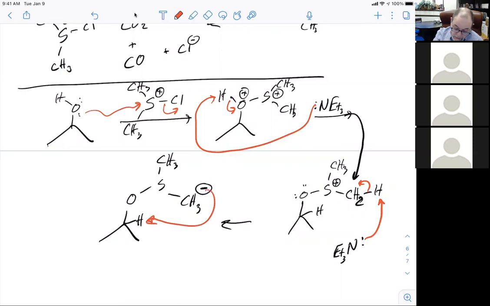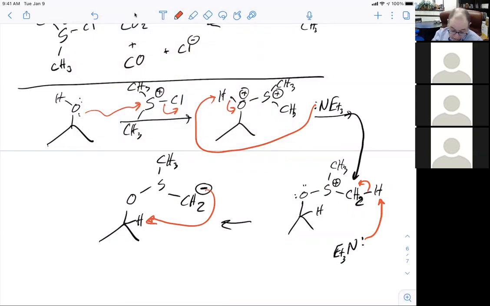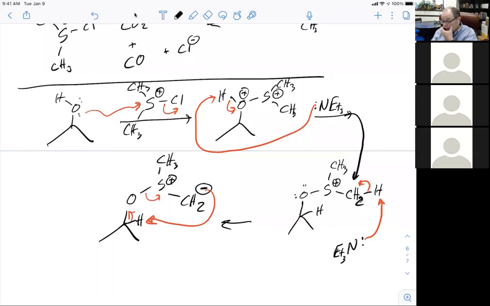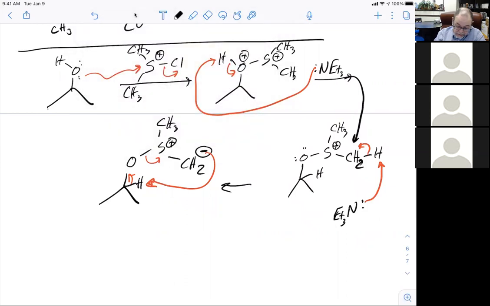Then this electron picks up this. Oops, that needs to be a 2. Then that will kick these electrons here, which kicks these electrons back to the sulfur. And I should have put a positive on the sulfur. Giving us the carbonyl plus now methyl sulfide, which is also a gas.